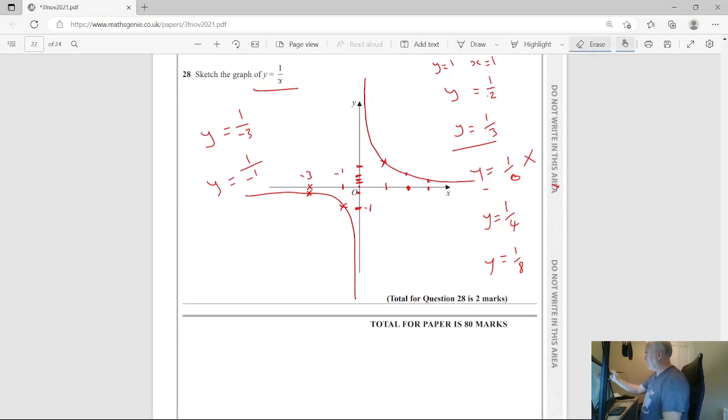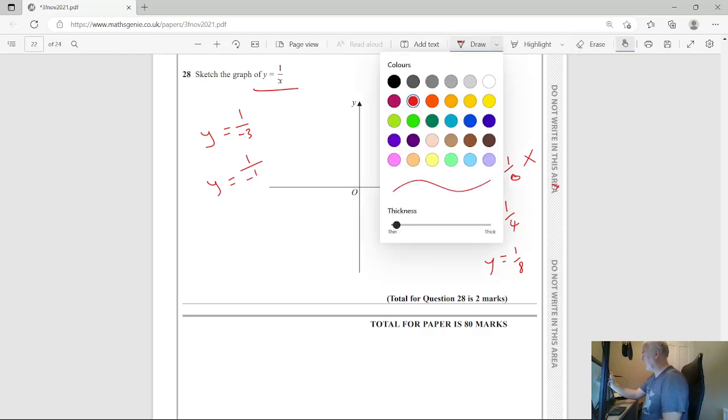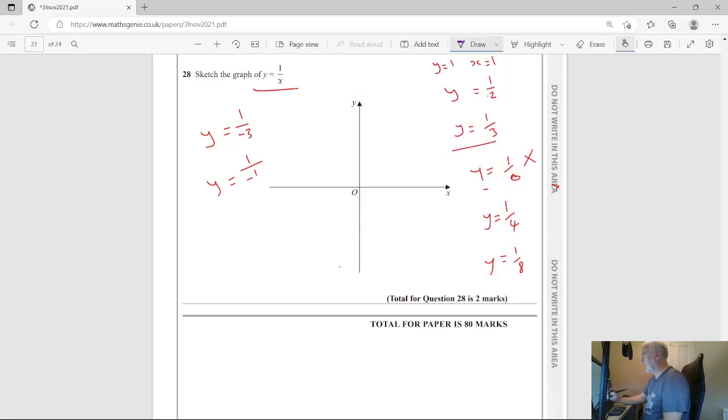So if we just erase what we've got here and look at plotting the points, if you've got time at the end when you've come to this question, you've got a little bit of time to plot it. So what does y equal when x equals 2? Well, y equals a half.